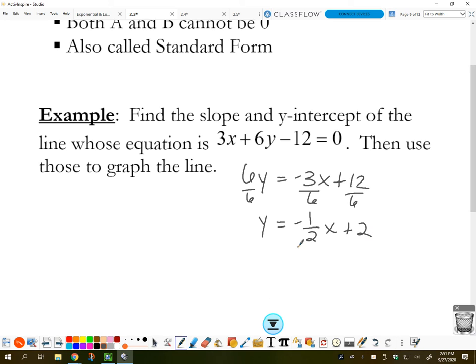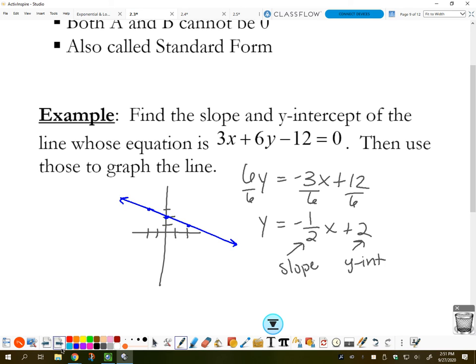And so now I know that -1/2 is my slope, 2 is my y-intercept, and I can use those to get my graph. So I can start at 2, down 1, right 2, or up 1, left 2. And I have my line.